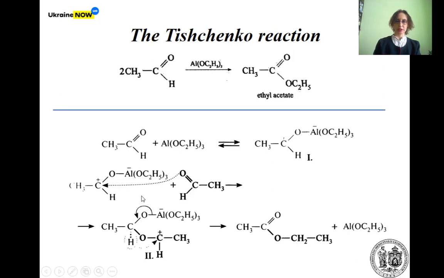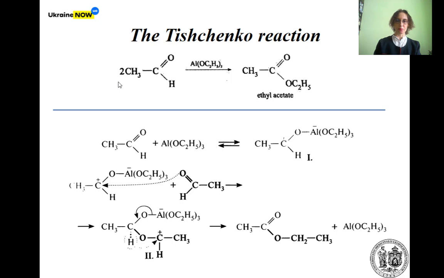Next reaction, it is similar to aldol condensation, the Tischenko reaction. The resulting reaction looks like a condensation of the reduced and oxidized forms of the aldehyde that we take for the reaction.